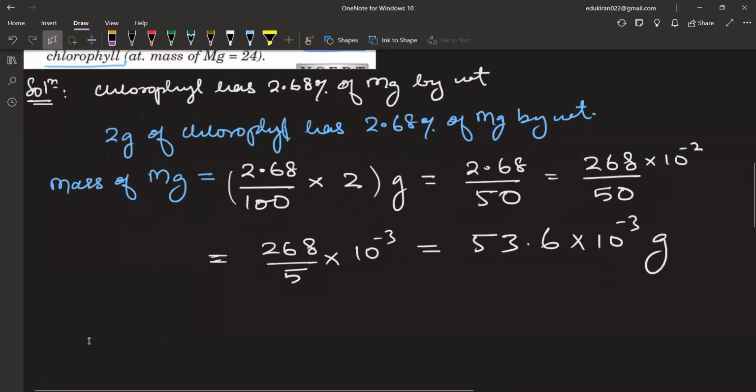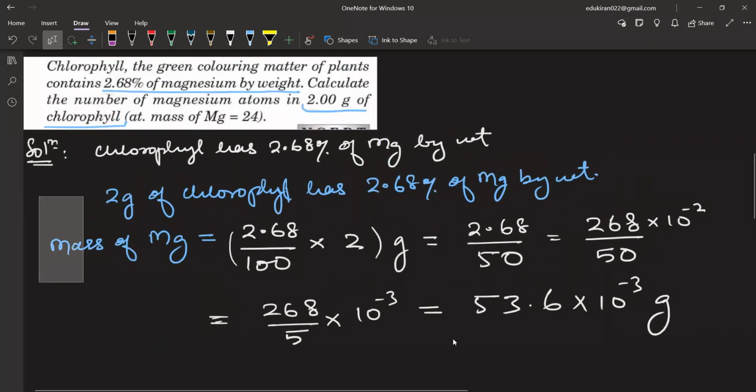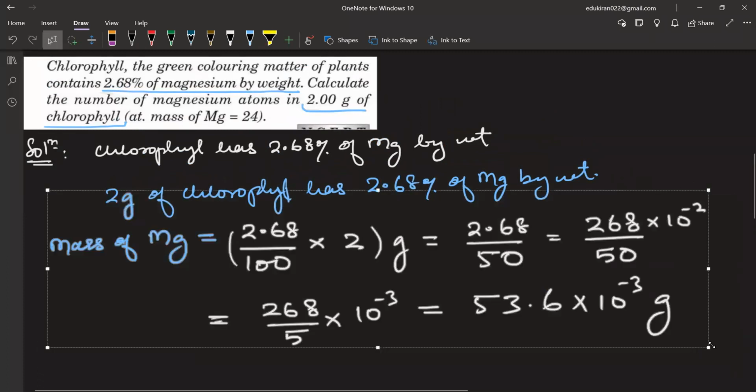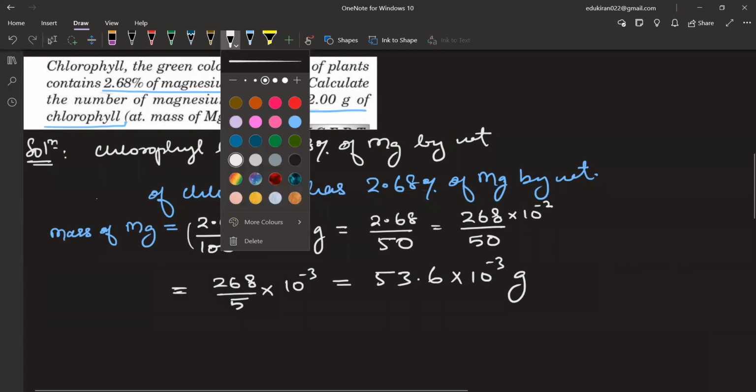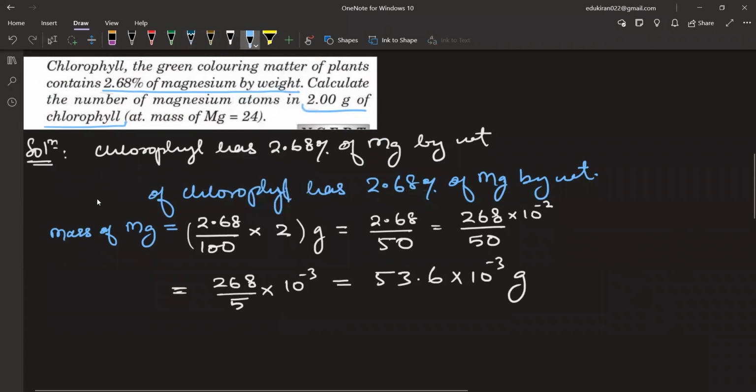Sir, I did it like this: first I wrote 100 grams of chlorophyll will contain 2.68, so 2 will contain 2.68 upon 100 into 2. What are you getting? Same, 0.0536.